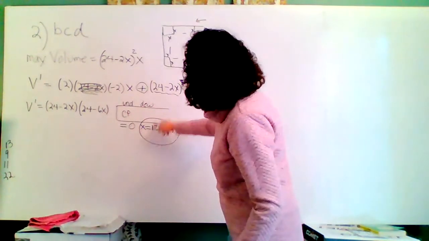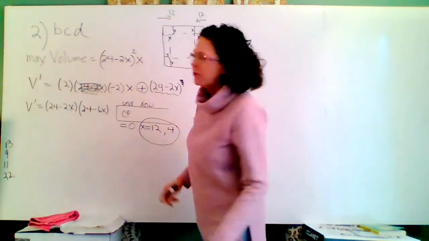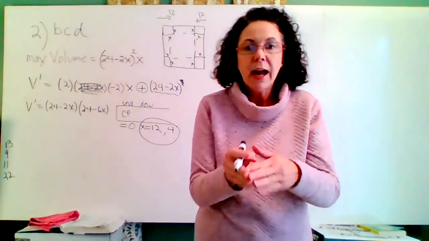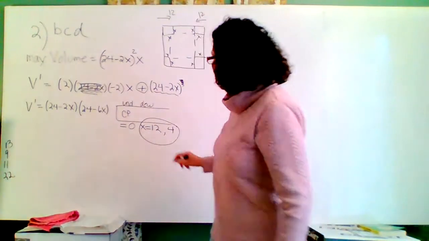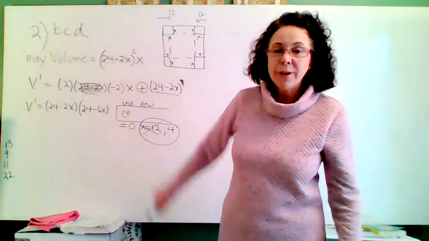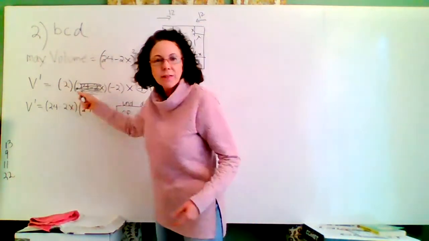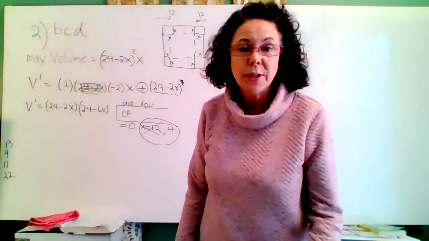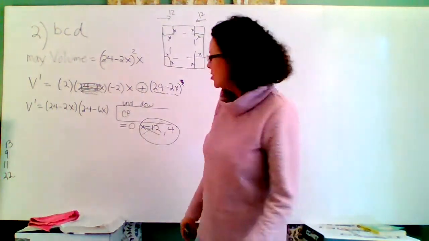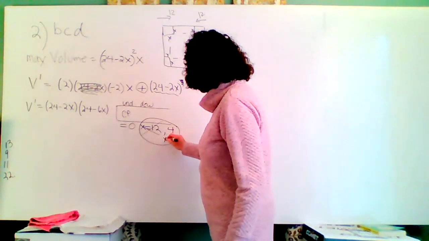If my x is 12, that means I cut 12 off from the right and 12 off from the left. I've cut off 24. I've got no base. So in the real world, logically and physically speaking, we cannot have a 12, right? If we had stated ahead of time what our logical domain is, it would have been between 0 and 12, but we just found that now. So that would be where x equals 4.